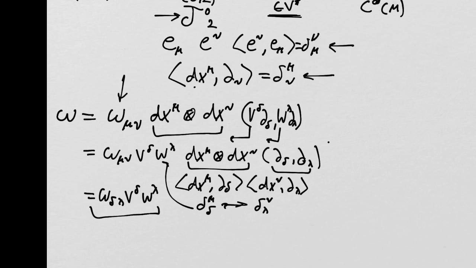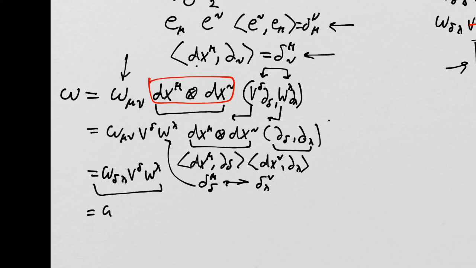It's a double sum, and just as a review there, so omega 1 1 v1 w1 plus omega 1 2 v1 w2, etc., etc., etc. So it adds it all up.